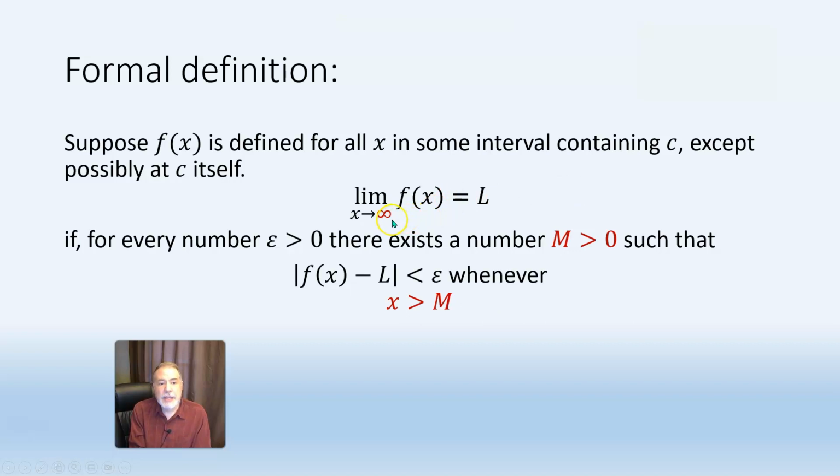And so to say that the limit as x approaches infinity of f of x is L means that you can get values of f of x to be as close as you want to that limit L by making x large enough. So x isn't getting close to some particular number. Instead, it's getting large, and it can be larger than any particular degree of largeness you want.